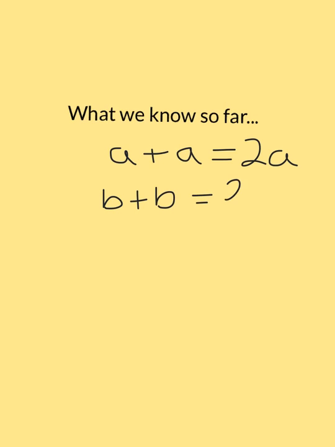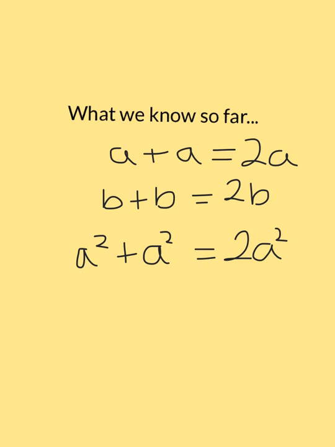So what we know so far is that we can only add or subtract like terms. That means if I say a plus a, I get 2a. If I say b plus b, I get 2b. In algebra, sometimes we often see squared terms. For example, a squared plus a squared simply just gives me 2a squared.